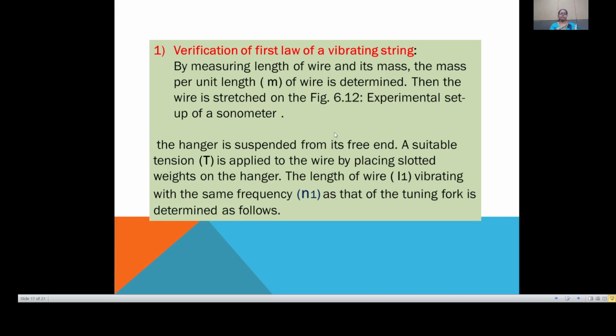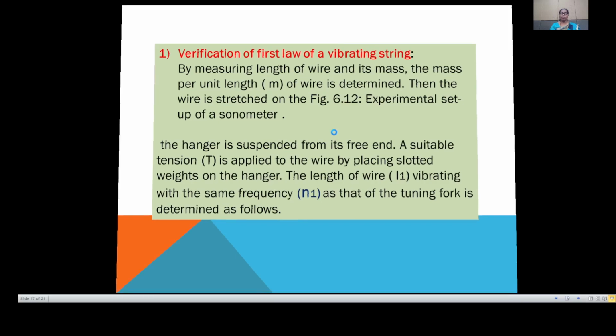The hanger is suspended from its free end. A suitable tension T is applied to the wire by placing slotted weights on the hanger. The length of the wire L1 that vibrates with the same frequency N1 as that of the tuning fork is determined as follows.